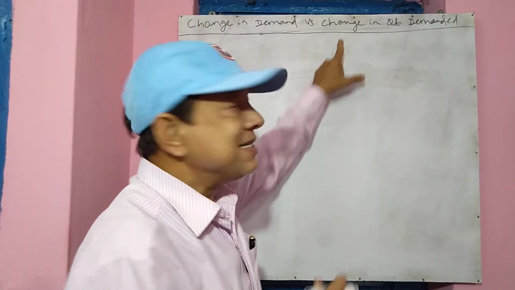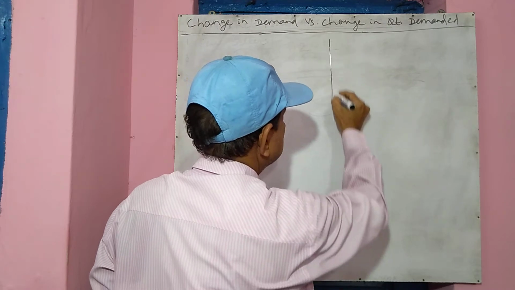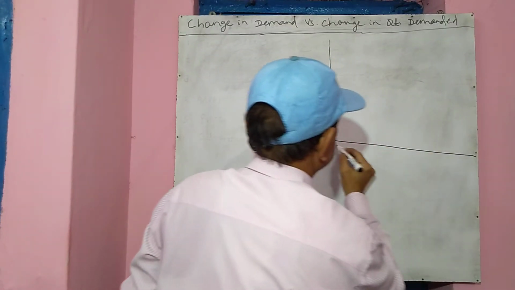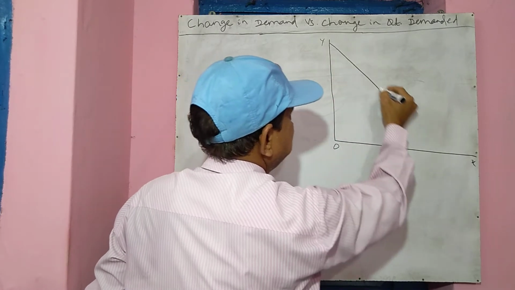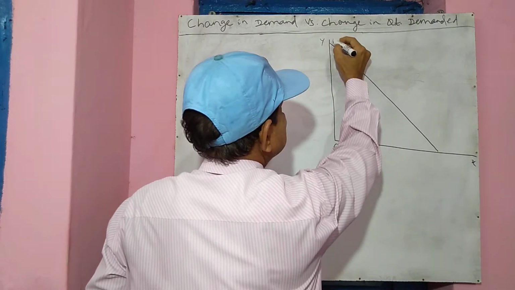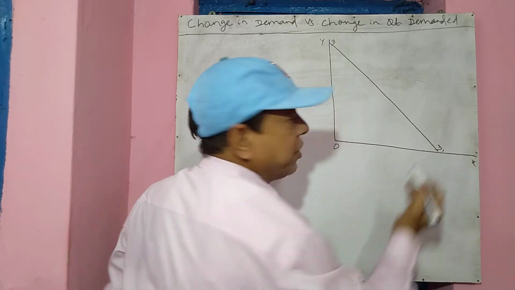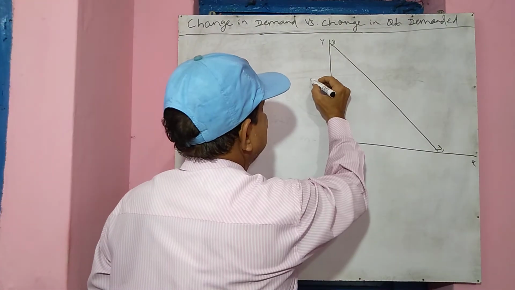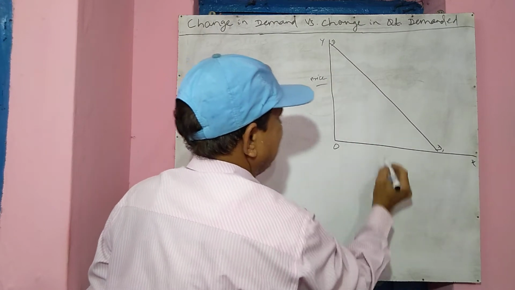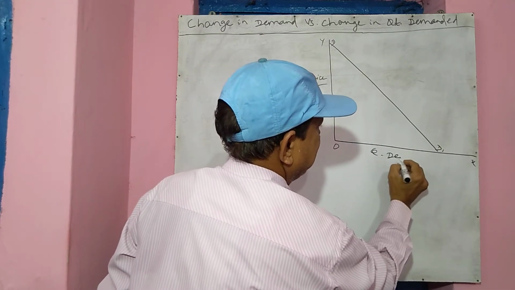Let's draw it here and see. Let's say this is the demand curve, D1. This is price and this is quantity demanded.